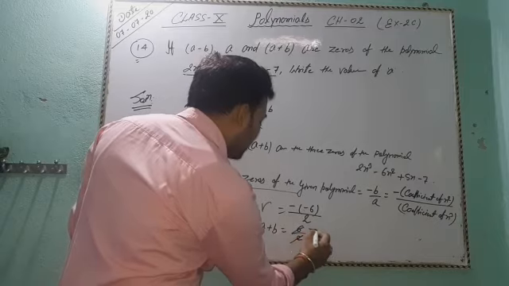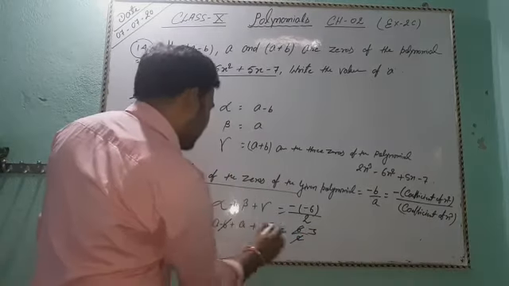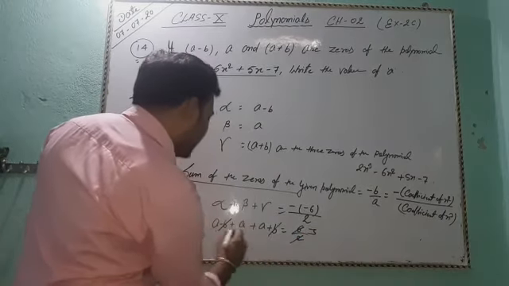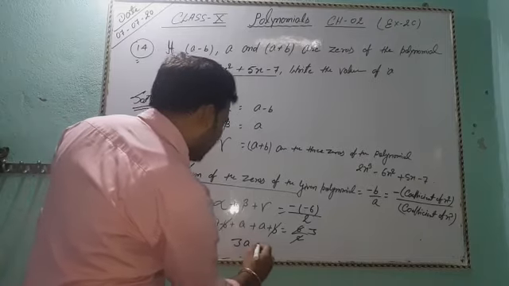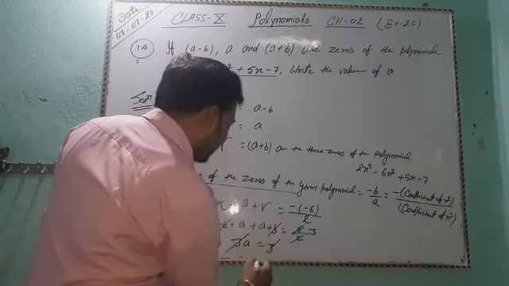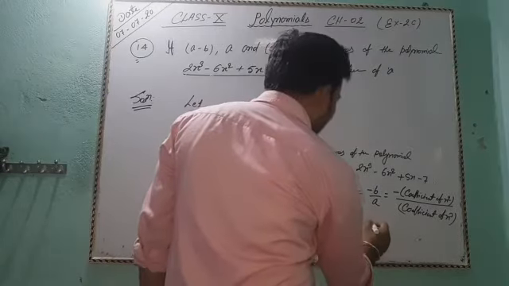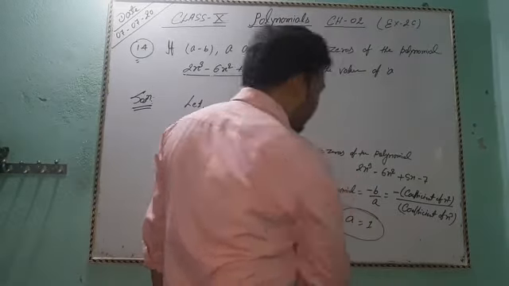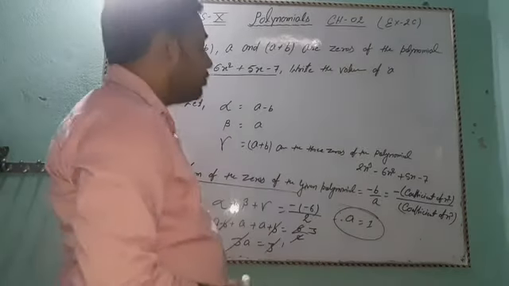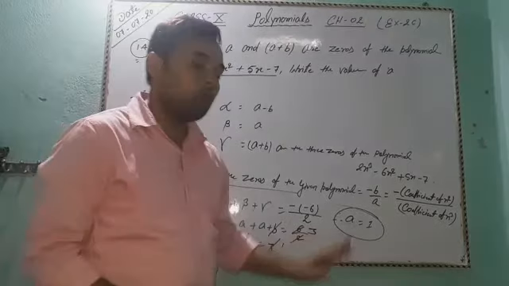Minus b plus b cancels, and 3a equals 3, and 3 threes cancel, so a equals 1. So the value of a equals 1.